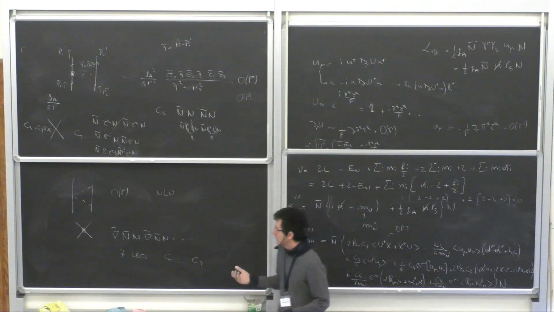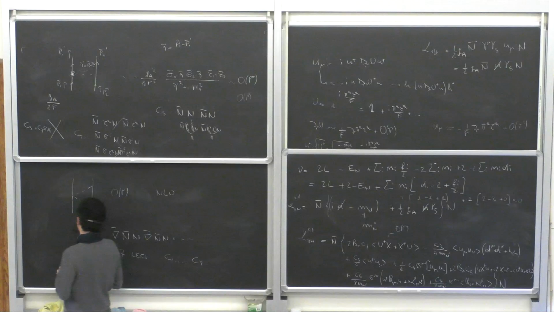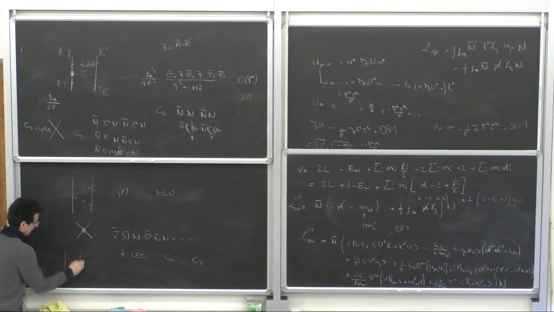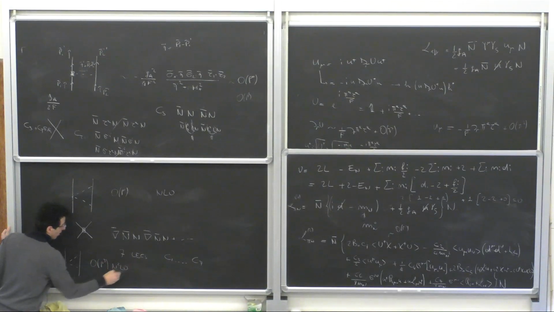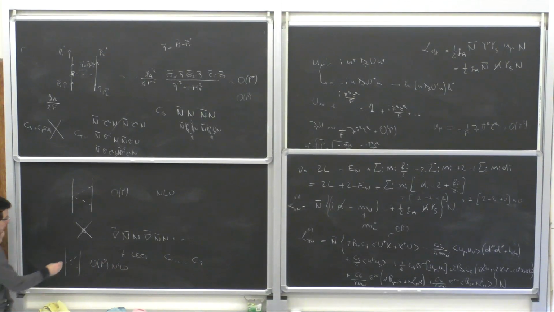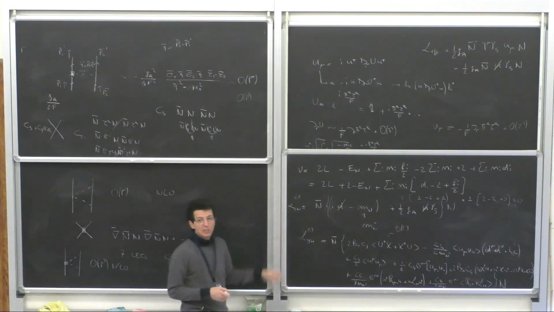Then the next to next to leading order, which is order p to the cube, N2LO. Perhaps there are the contributions of one loop, where one of the vertices is not from L1 but from L2.